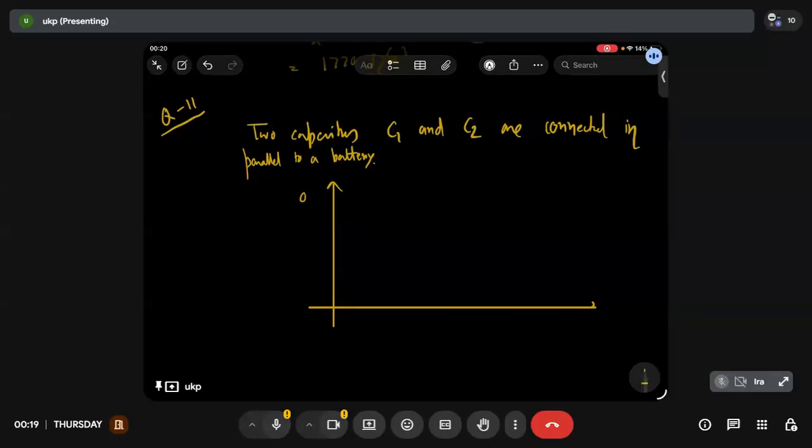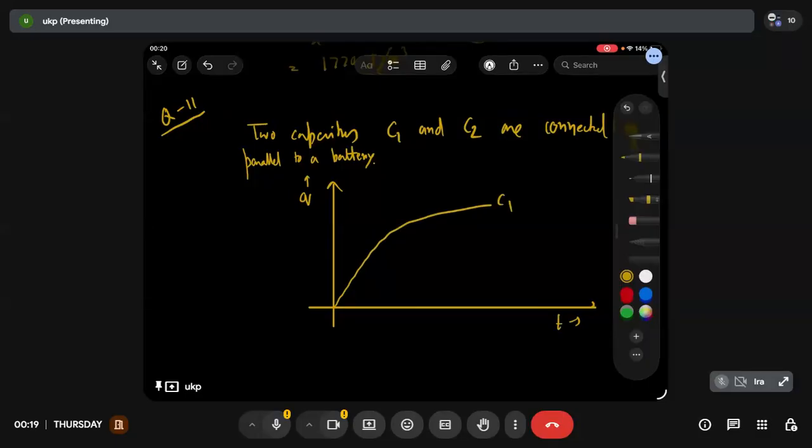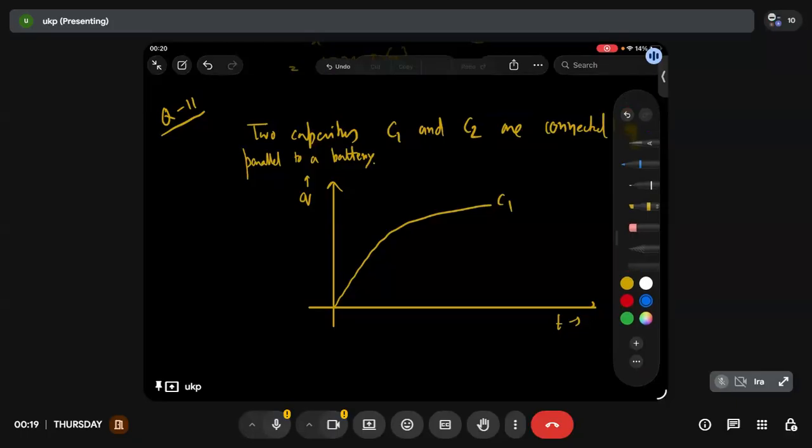So there is a charge time graph given for both, दोनों के लिए, ठीक है? One figure is given for C1, and the other figure is given for C2.